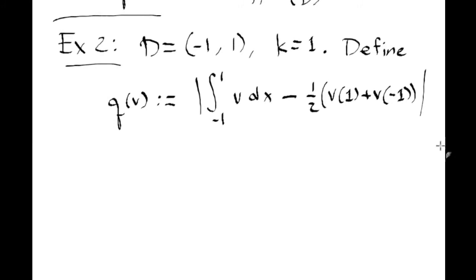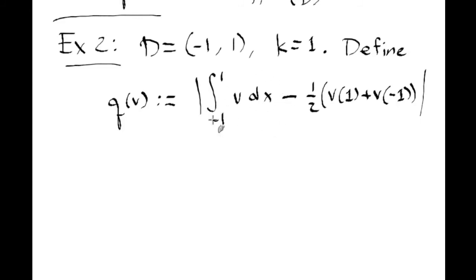This might look kind of strange if you're not familiar with the subject, but what this functional represents is that we're measuring the error between an exact integral and a quadrature rule.